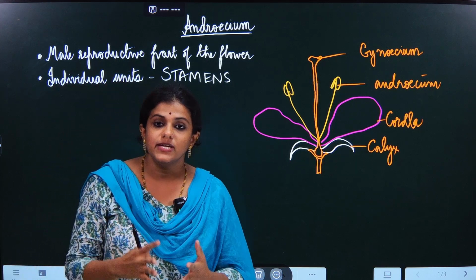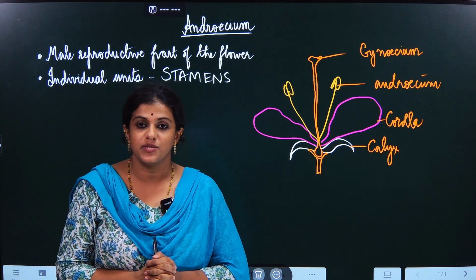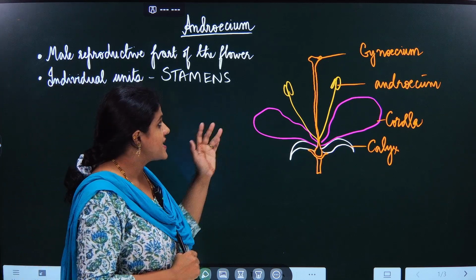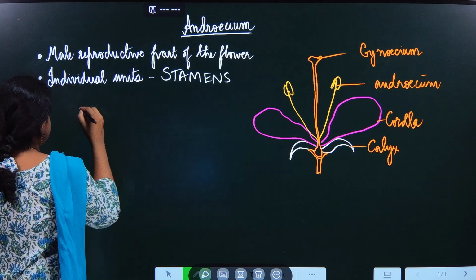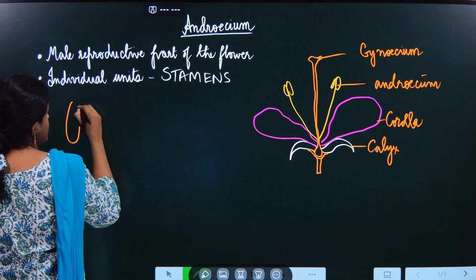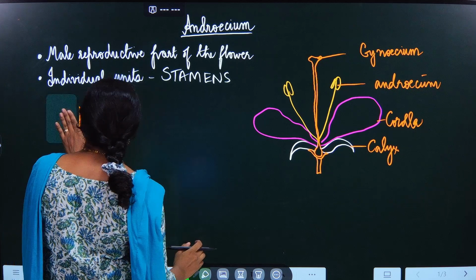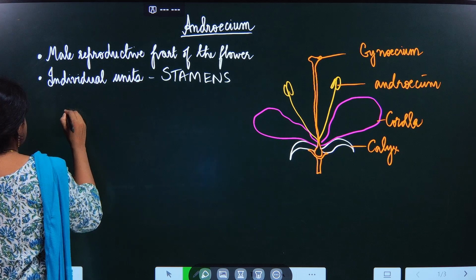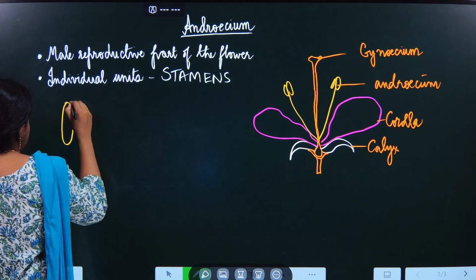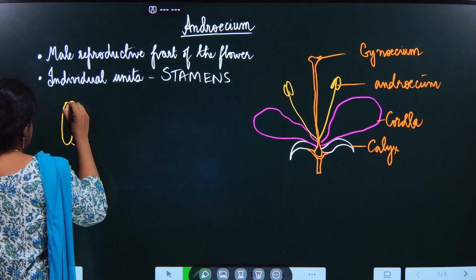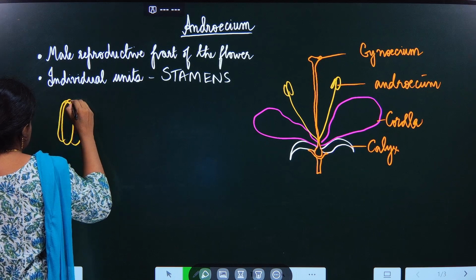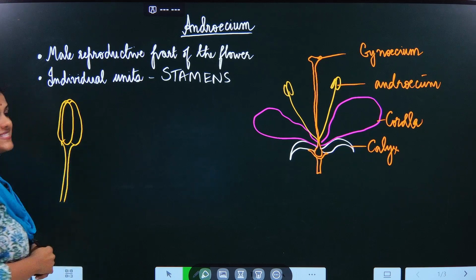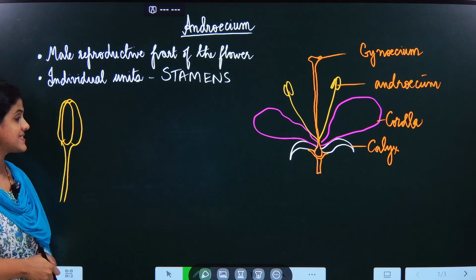So, what are the individual units of androecium called? They are called stamens. If you take one single stamen, it looks like this. I will use yellow color only so that I can refer to this. This is an individual stamen.